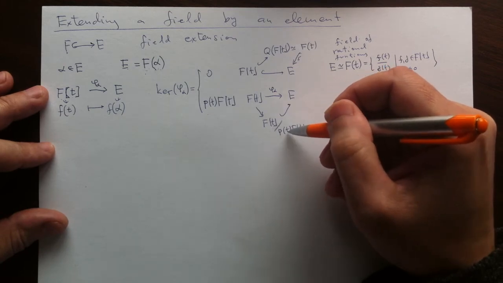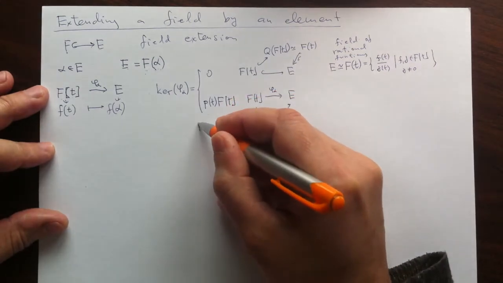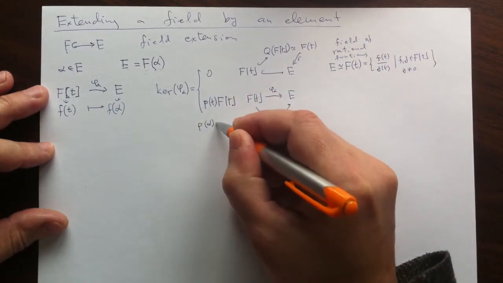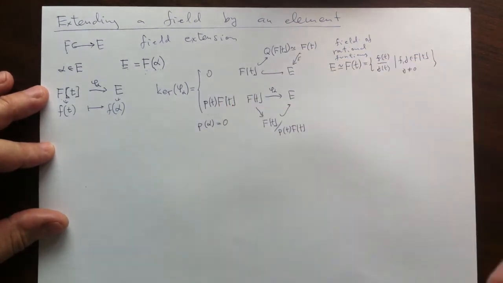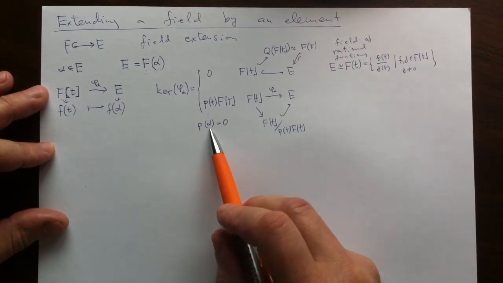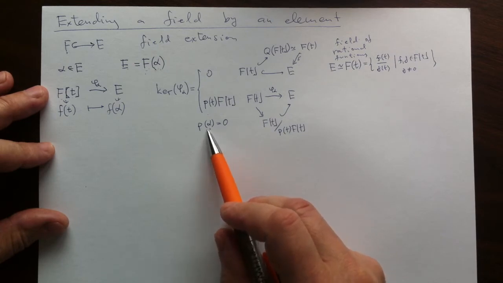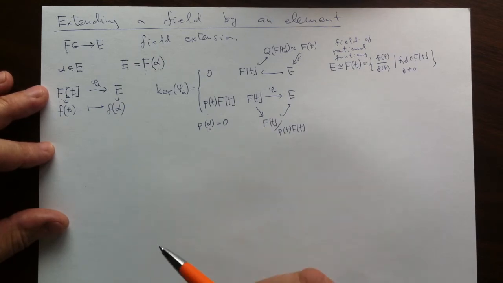And we have an algebraic relation on alpha: the fact that this is the kernel says that p on alpha is 0, and the product of p with any other polynomial evaluated on alpha will be 0. So that is an algebraic relation on alpha.